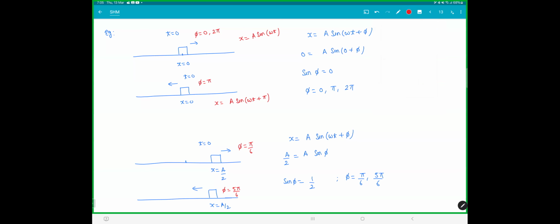Now, let's see, why are we getting these angles like this? Why did you define omega and phi for a thing which is going on a line? Let's see.